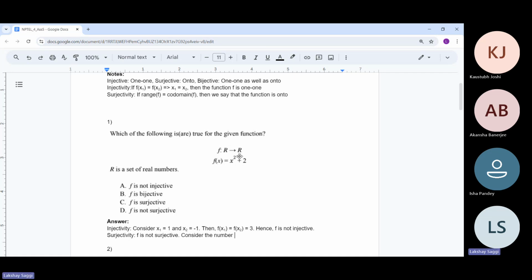Note that x square is always greater than or equal to 0 since it is a perfect square of a real number, and so x square plus 2 will always be greater than or equal to 2.